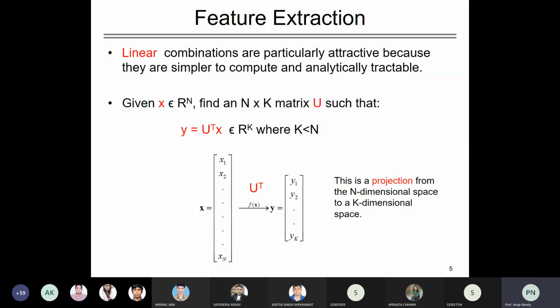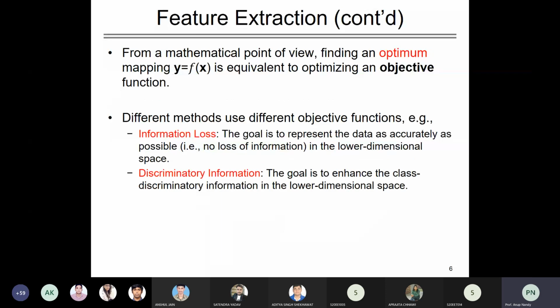Now, how do you judge it? From a mathematical point of view, you have to find an optimal mapping, that is y is equal to f(x), that you have seen. This y is a function of x. It is equivalent to optimizing an objective function, or you can say the criterion function.